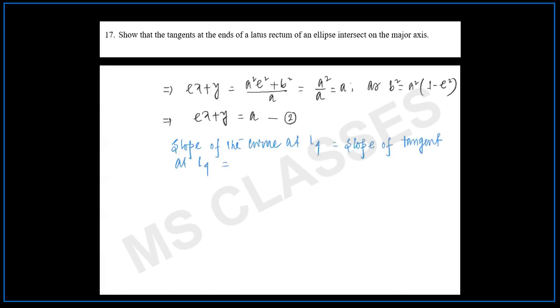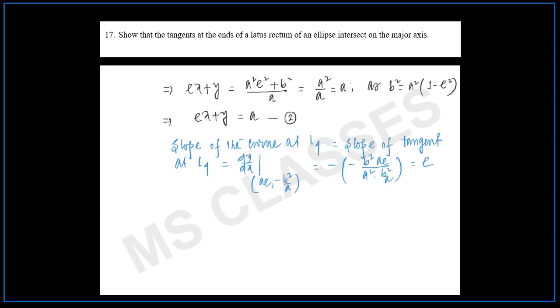That is dy by dx at L4, which is a comma minus b square by a. That is minus b square into a by a square into y. We have taken the minus already, and here we substitute y as minus b square by a, and we get here e. Now we got here the slope.